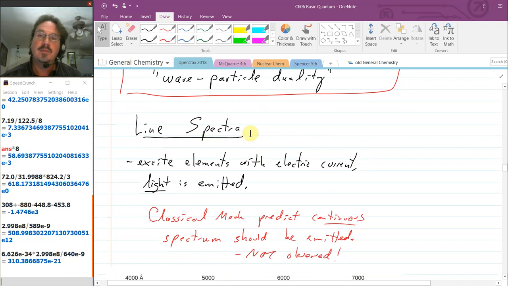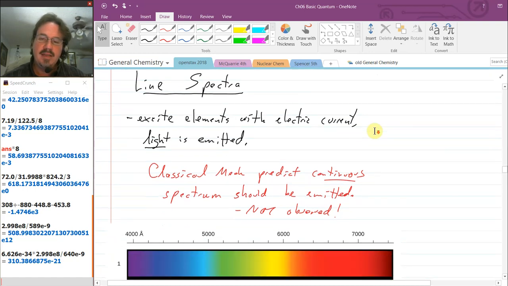Line spectra. Here's another illustration, and this is probably even more important for chemists, of the quantized nature of light and energy in particular. Here's the idea. With black body radiation, if you heat matter up, it emits light.